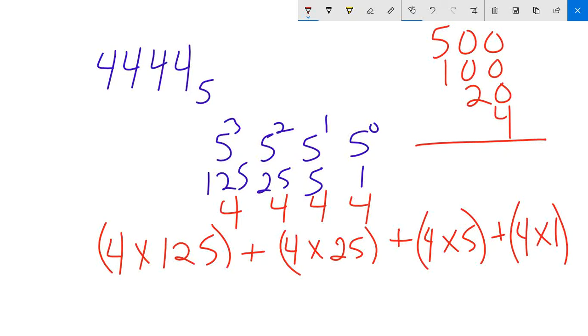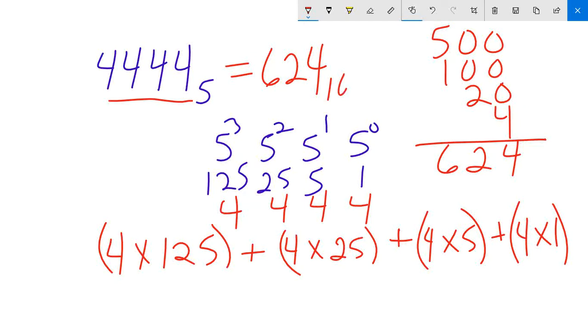Now I'm going to add all these up, and I get 624. So I know that 4, 4, 4, 4 base 5 is equal to 624 in base 10.